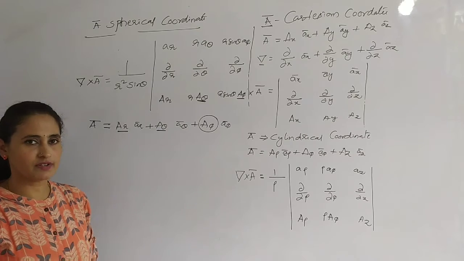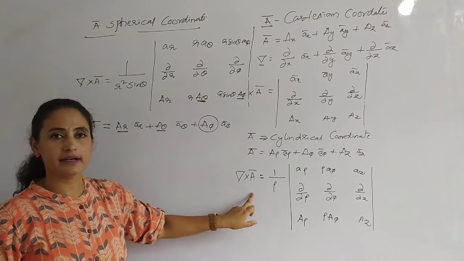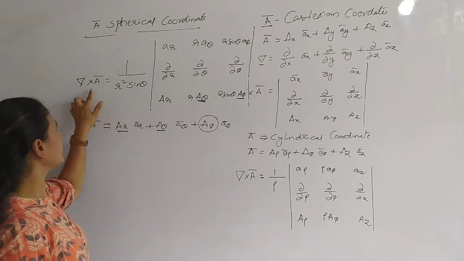By using these three formulas, we can obtain the curl in Cartesian, curl in cylindrical and curl in spherical coordinate systems.